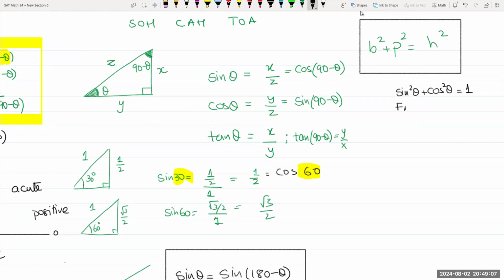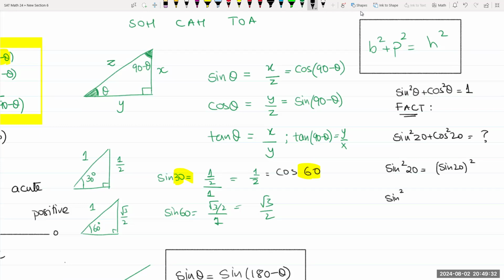It's a fact. You are supposed to remember this. Now, what does this mean? It means if I say sine squared 20 plus cos squared 20 is equal to what? You'd say 1. Now, what in the world does sine squared 20 even mean? It means sine of 20 whole squared.